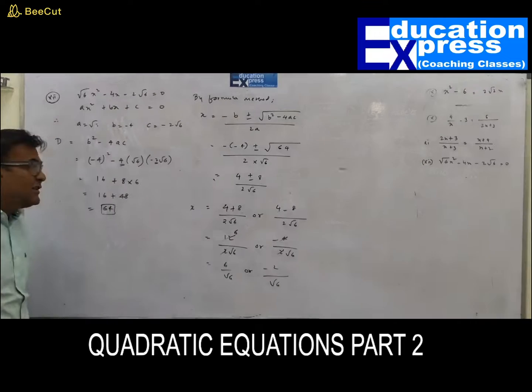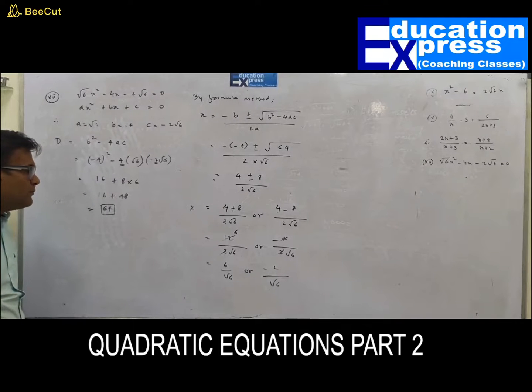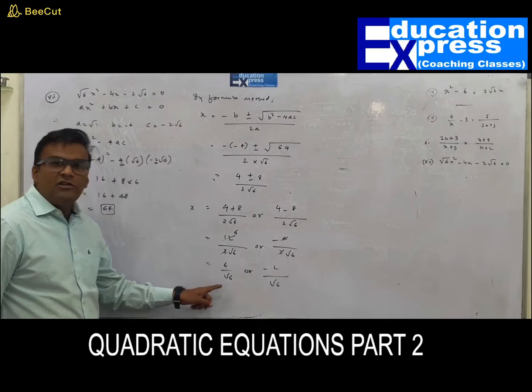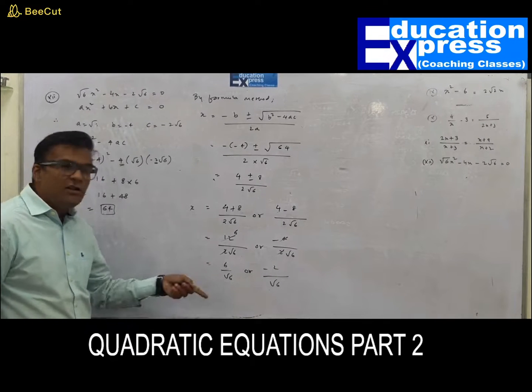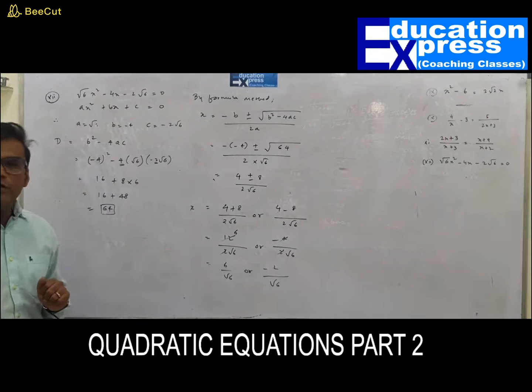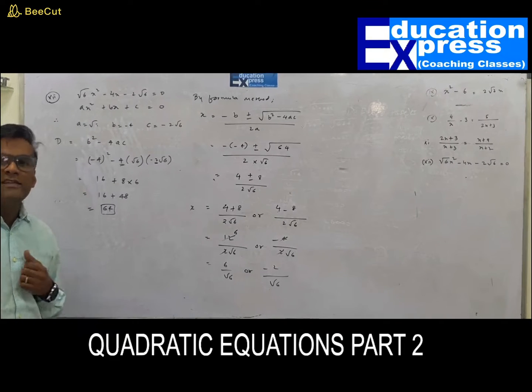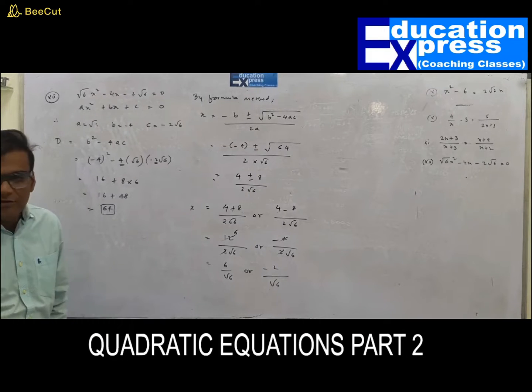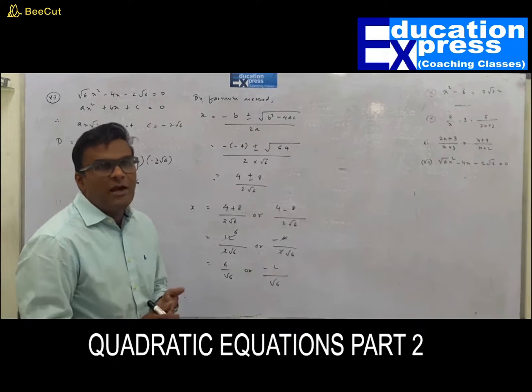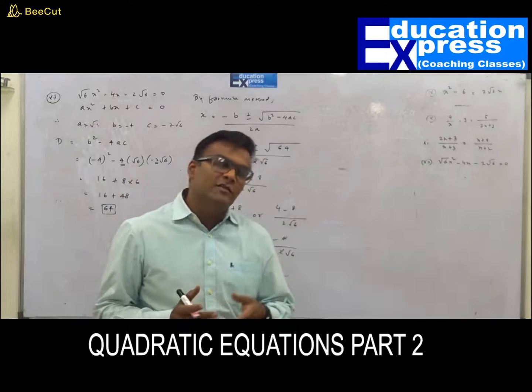Very important thing to notice over here is we have kept an answer in root, and that too the root is existing in the denominator. So in case there is any scope of rationalization, please ensure that you have done your rationalization. We have already covered the rationalization chapter in Standard 9, being the first chapter.